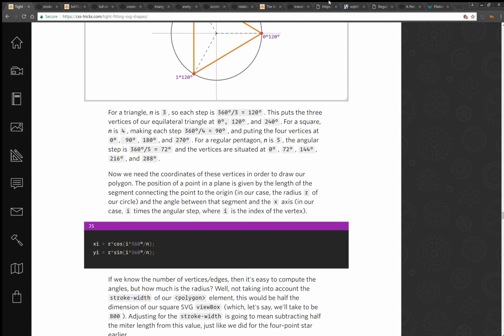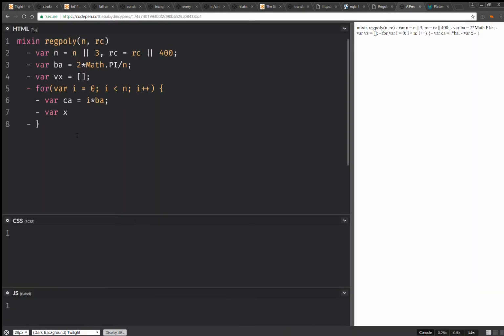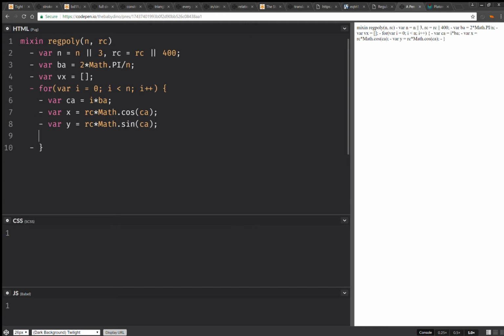So we're going to use these formulas. The distance is the circumradius, and the angle is the current angle, cosine. And it's pretty much the same for the y-coordinate, except this is sine. And finally, within the loop, we also add to the array of vertex coordinates. So push this pair of coordinates, x, y.